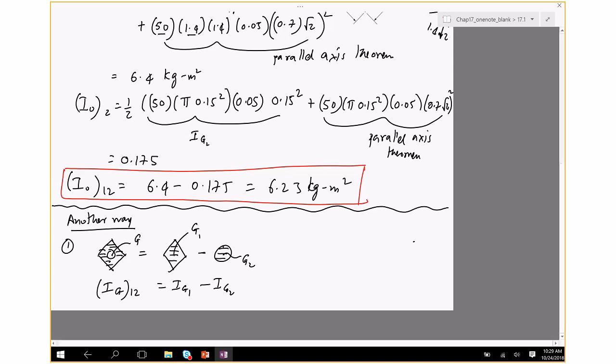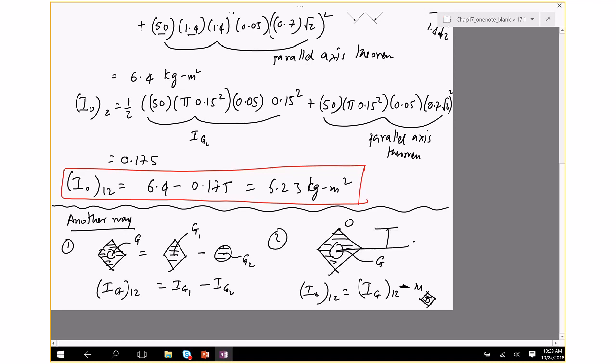Once you do that, the second step is, in order to find the inertia of the composite structure about O, which is IO1,2, you can take IG1,2, which you already found, and then add the mass of the composite section, which should involve the hole too, times the distance squared.